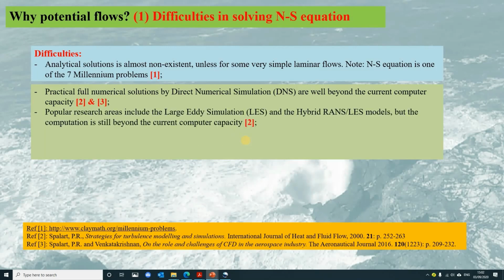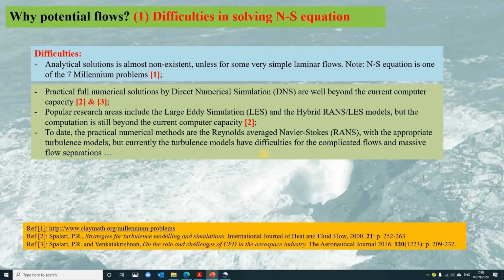A hot research area is large eddy simulation, LES, and the hybrid RANS-LES models. Although they are less computationally demanding than DNS, they are still beyond the current computer capacity for practical applications.